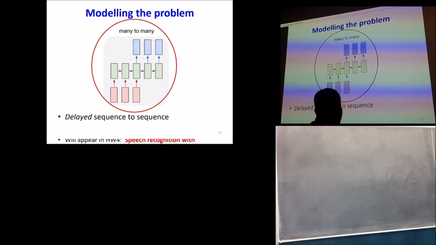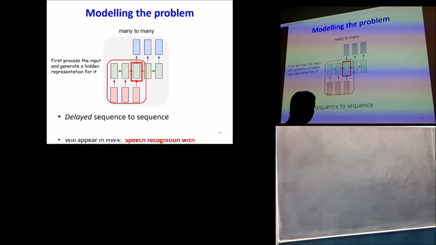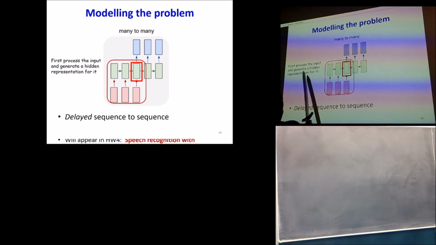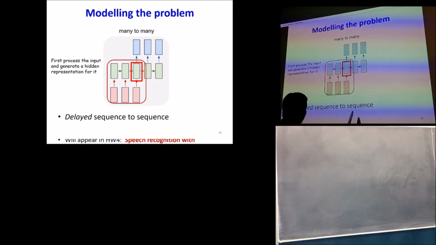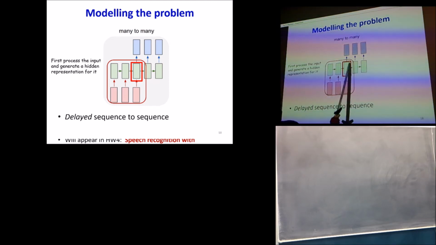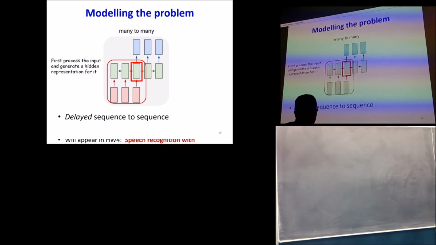So this is the delayed sequence-to-sequence model. There are two steps to it. First, you process the input, which is a sequence of incoming words, which might be the words in English in our case, and generate this value, which is a hidden representation for the entire sequence of words.